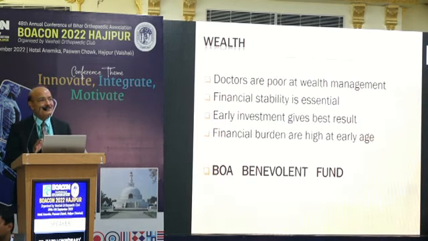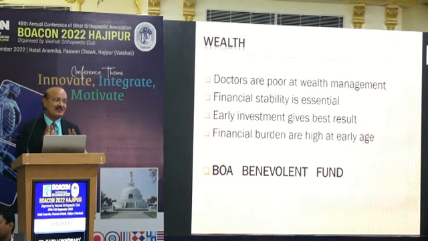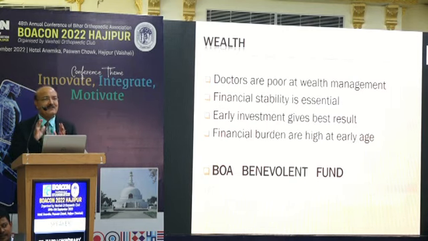And if something untoward happens, this balance is destabilized and people are in stress. For this, I created the BOA Benevolent Fund in my tenure as president, only to help them.